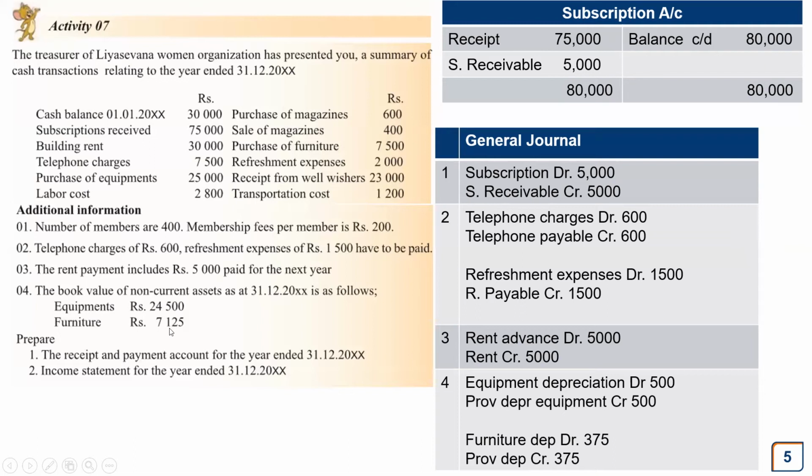Furniture 7,125, which means the furniture value of 7,500 has reduced to 7,125, which means 375 is taken as depreciation. You have to at least write it at a corner, so you will be able to make your receipts and payments account as well as the income statement.